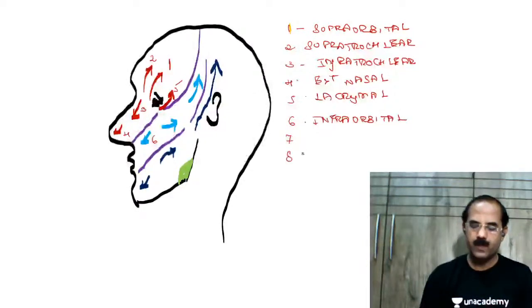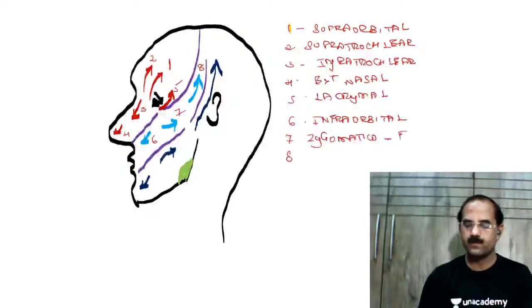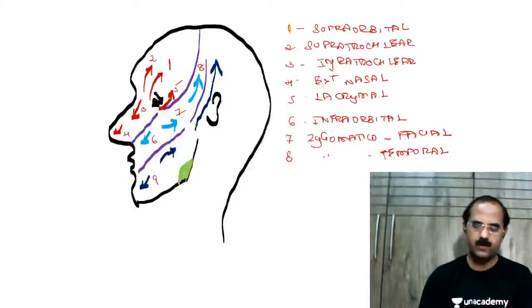7 and 8. This is easy. 7 and 8, zygomaticofacial and zygomaticotemporal. This is 9, 10, 11.